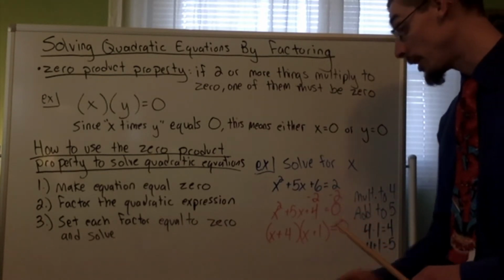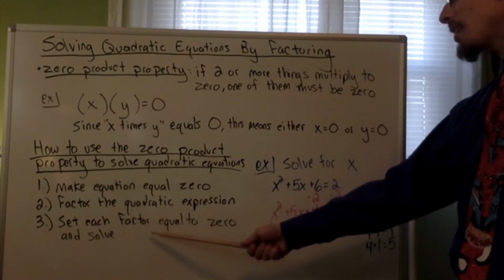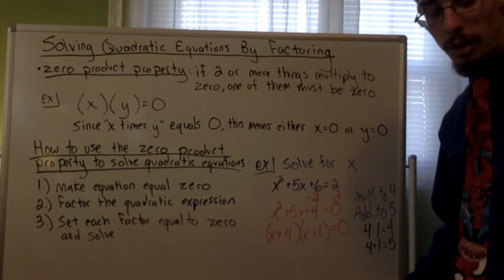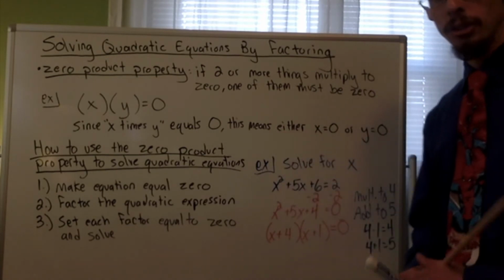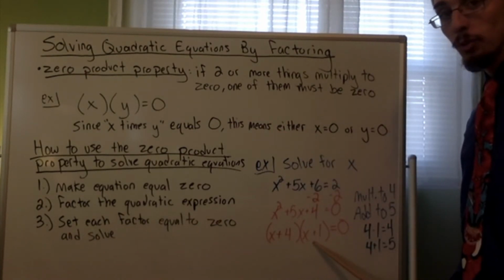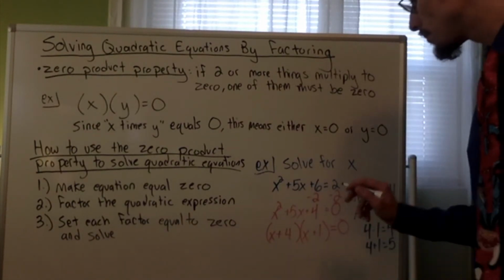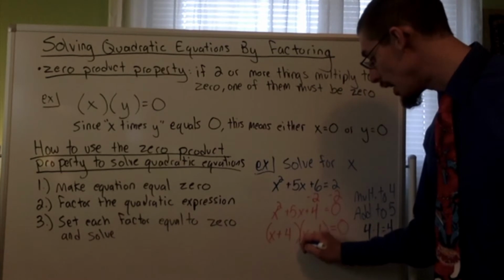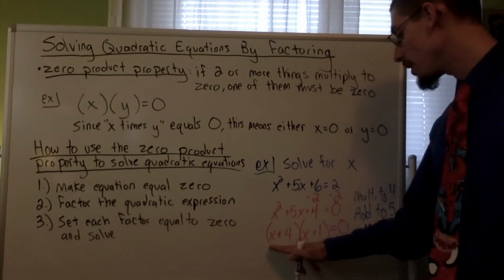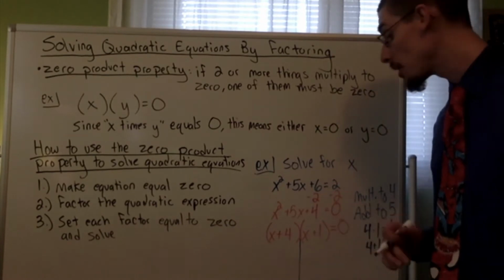Here's the way it works. Look at step 3. It says set each factor equal to 0 and solve. So I have two factors, x plus 4 and x plus 1. Here's what I like to do. I draw a line right in between the two factors to give myself some space to work.